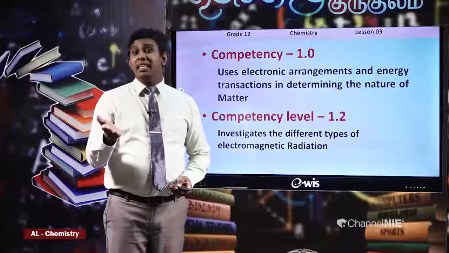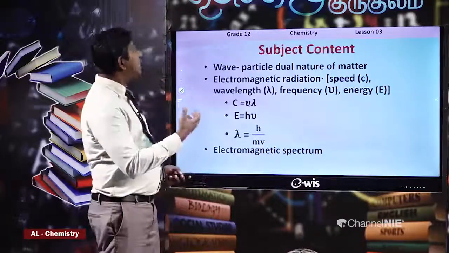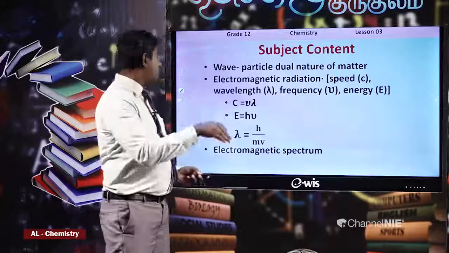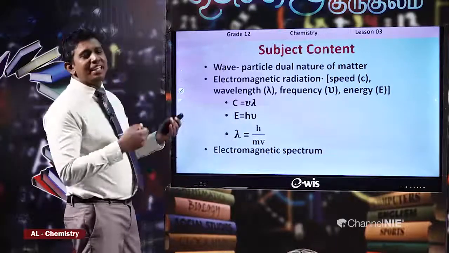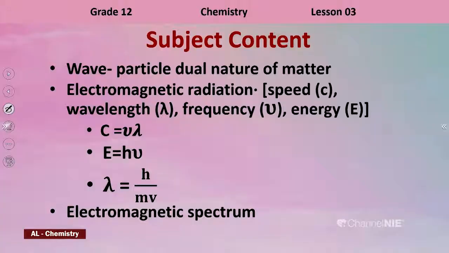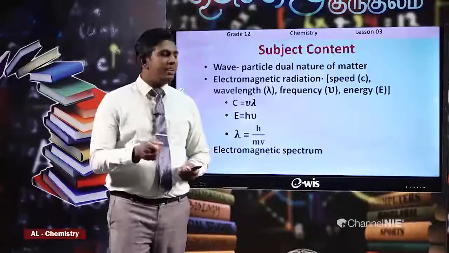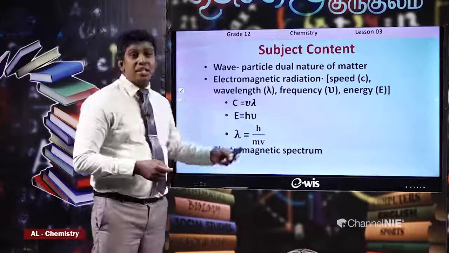Students, when you check the subject content, you could find the wave particle dual nature of matter and electromagnetic radiations. We are going to find out a few terms: speed, wavelength, frequency, energy. So we are going to talk about these equations as well.